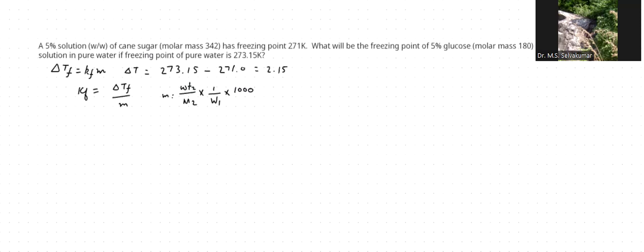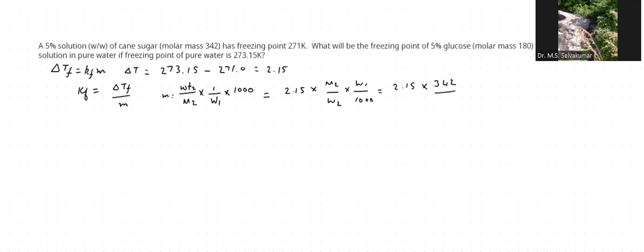So the Kf is equal to 2.15 multiplied by M2, the inverse, by W2 into W1 by 1000. So all the values are given. 2.15 into molecular weight is 342 and it is 5%.